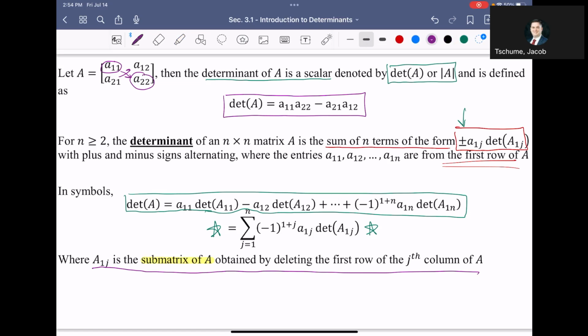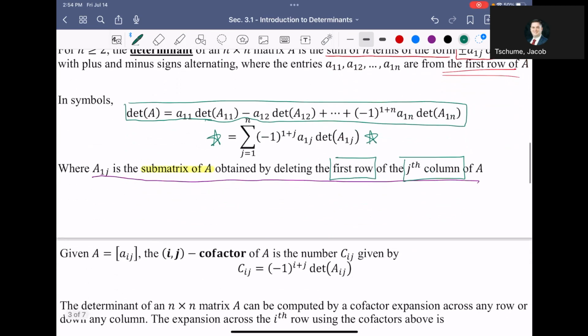That's key here, because since we're using only the numbers in the first row, you're always going to be deleting the first row, and then you're always going to be deleting the jth column, and that depends on which column you are working on. Once you delete the first row and the jth column, every other number makes up your submatrix of that particular coefficient. It may not make a whole lot of sense right now, but I promise it'll make a lot of sense when we do our first example.